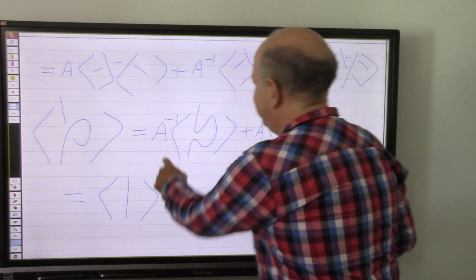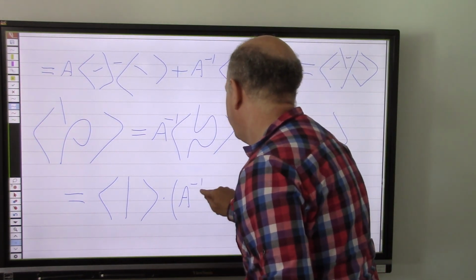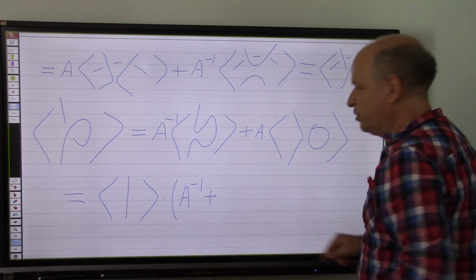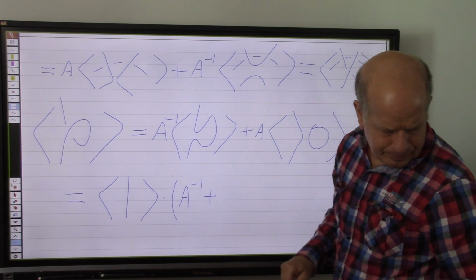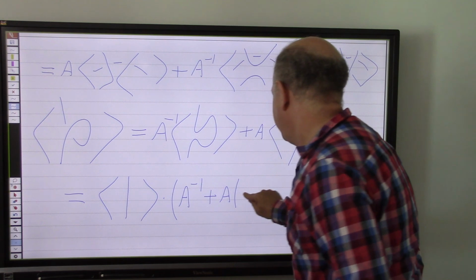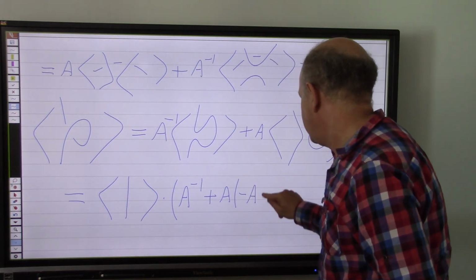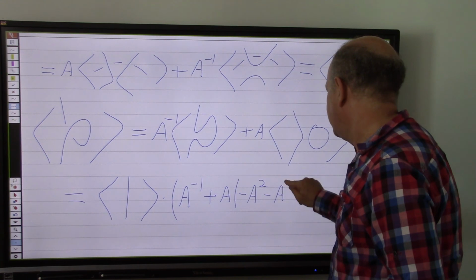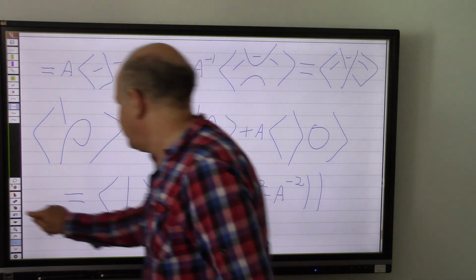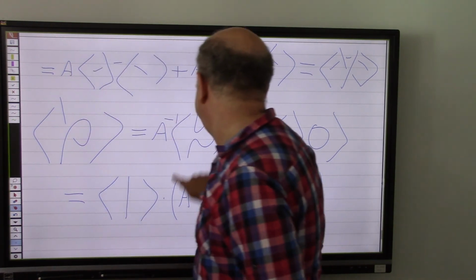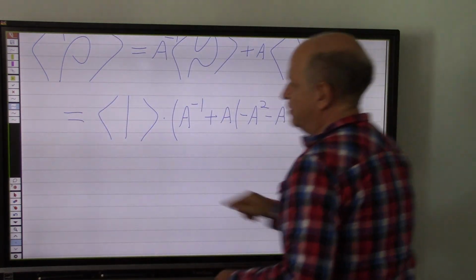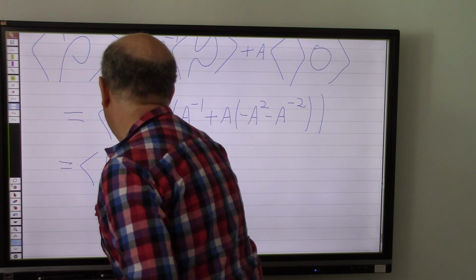But in the first case, it comes with coefficient A inverse, and in the second case, it comes with a coefficient A times D. So it comes with a coefficient A times negative A squared negative A to the minus 2. And if we're lucky, this simplifies to 1. And let's check, are we lucky?